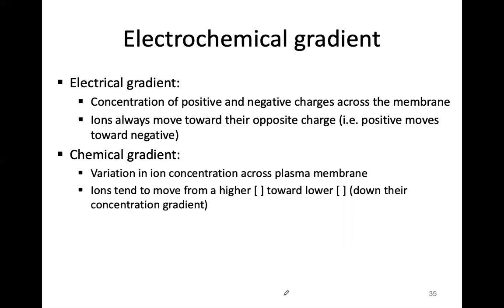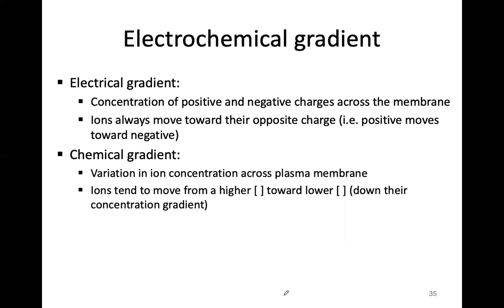So anytime you have a lot of negative in an environment, which is typically inside your cell, a lot of positive ions want to come into your cell, which in this case, for our body, is sodium. So if sodium has a chance to get into your cell, it's going to rush as fast as it can into your cell, so it can basically eliminate that gradient in terms of electrical gradient.